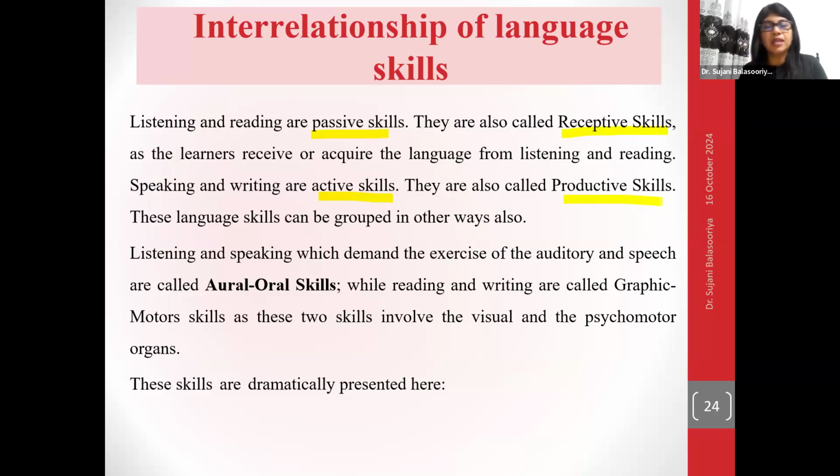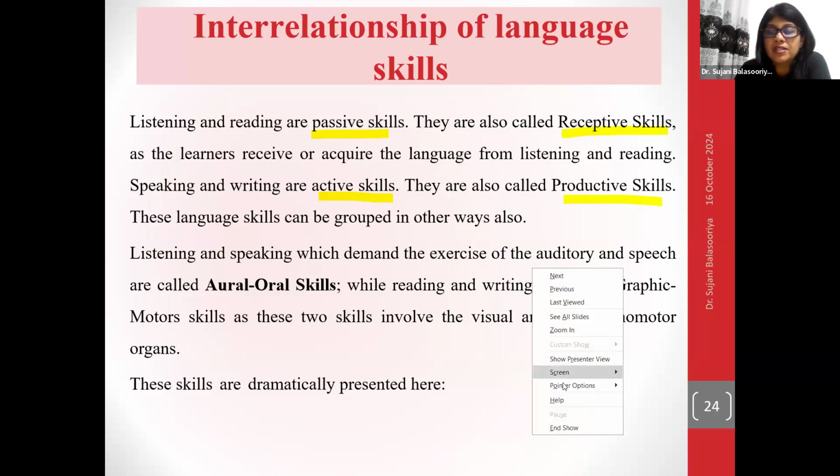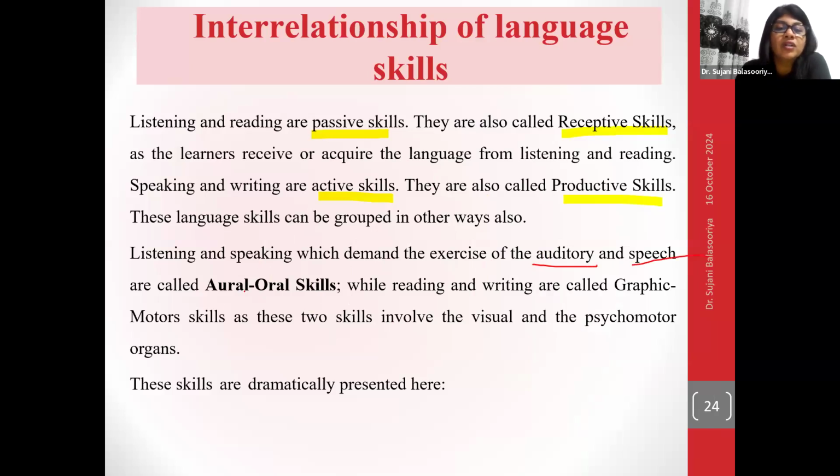And at the same time, there are some other classifications. Here you have it. Listening and speaking, which demand the exercise of the auditory and speech organs, are called oral skills. Oral skills.